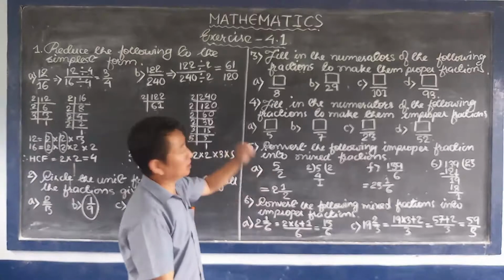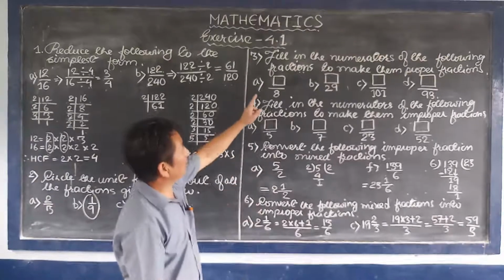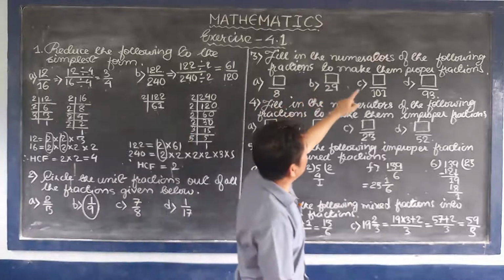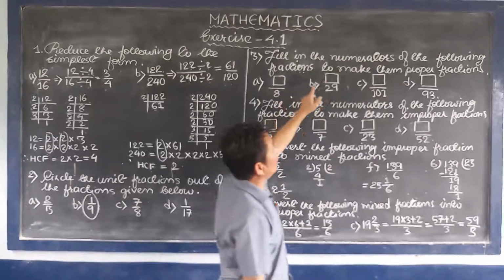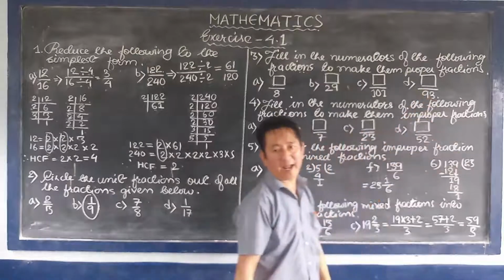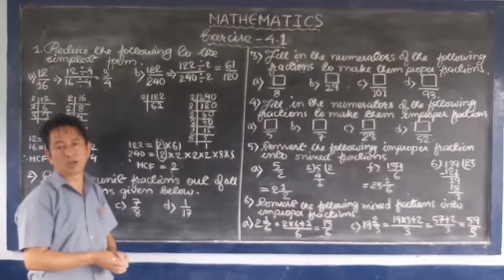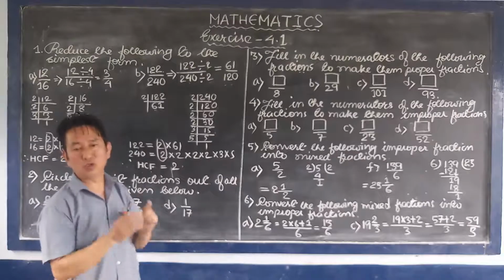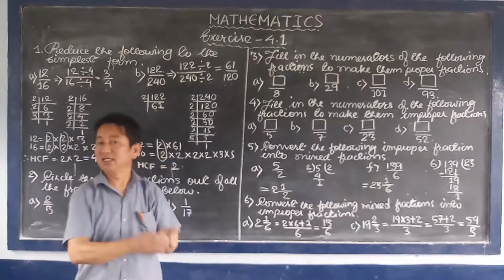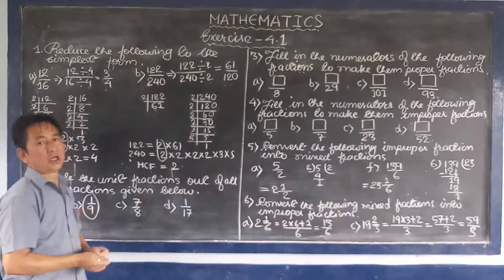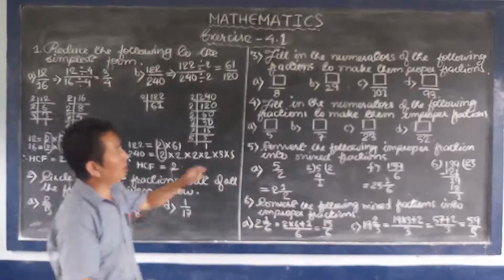Now next, question number 3. Fill in the numerators of the following fractions to make them proper fractions. As I already told you, what is a proper fraction? A fraction whose numerator is less than the denominator is known as a proper fraction.